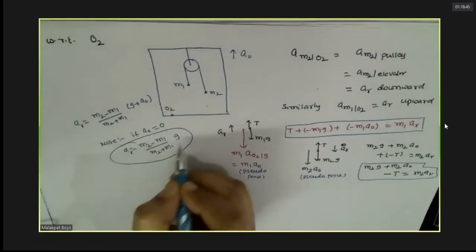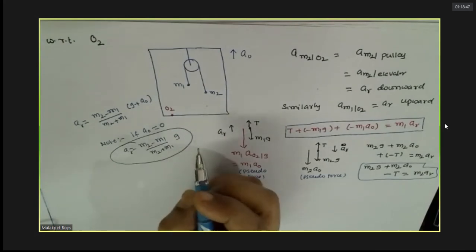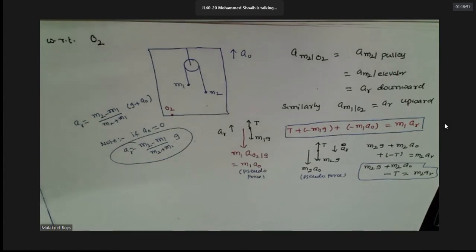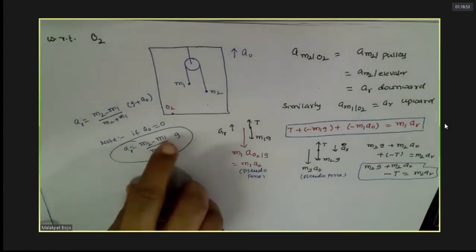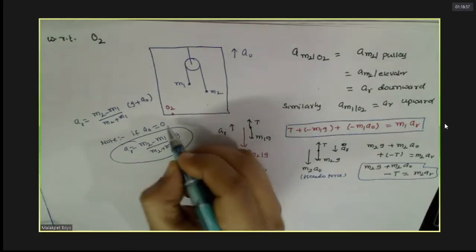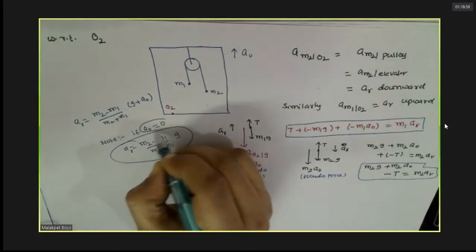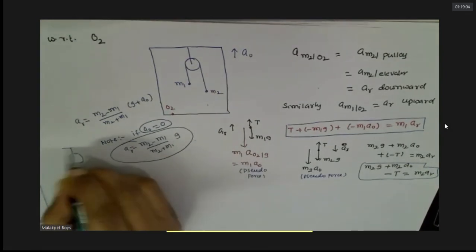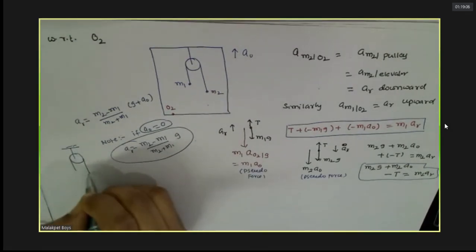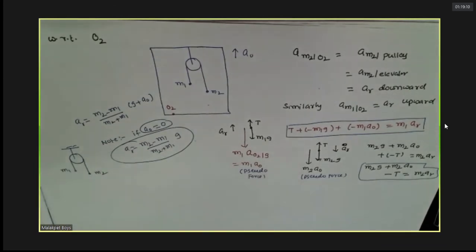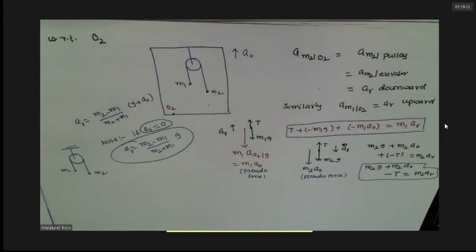Sir, previously also G plus A naught. Not that, the earlier case. Atwood problem, the elevator is not moving. When the elevator is not moving, I am just keeping two masses. You got the same thing or not? Correct, net pulling force by M1 plus M2.